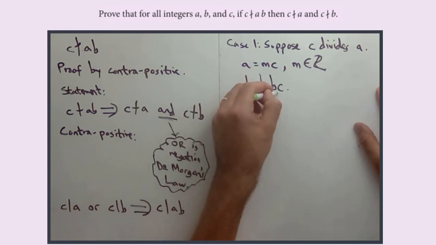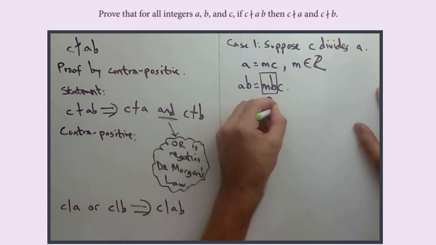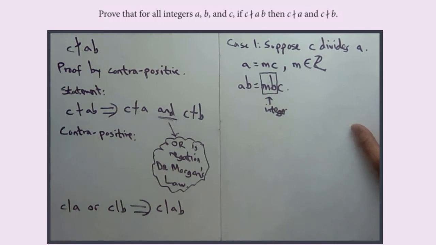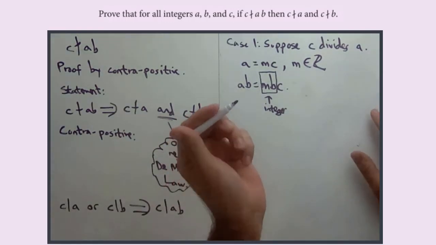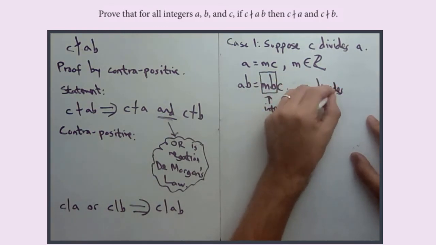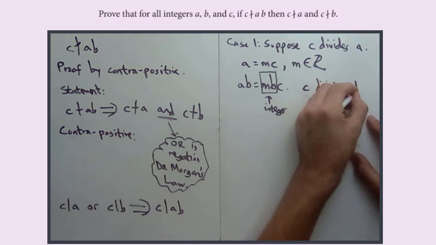We can see here that this is an integer because we've said M is an integer, and we also know that B is an integer. So that is showing us that C divides AB.